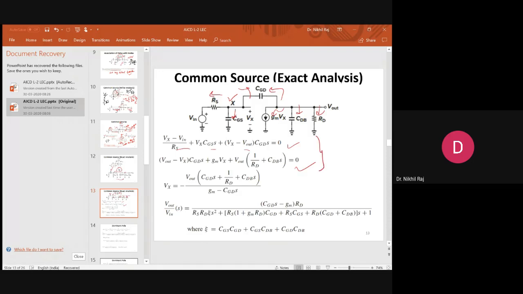So here we have three variables and two equations. What to do now? We have to remove one variable in order to calculate the result. So from here I will calculate Vx, and then substitute this Vx in this equation. Then I will get the transfer function.